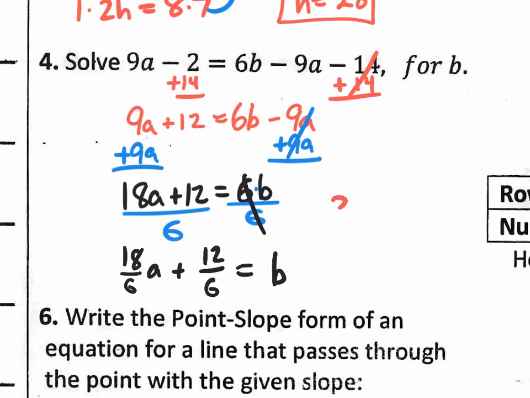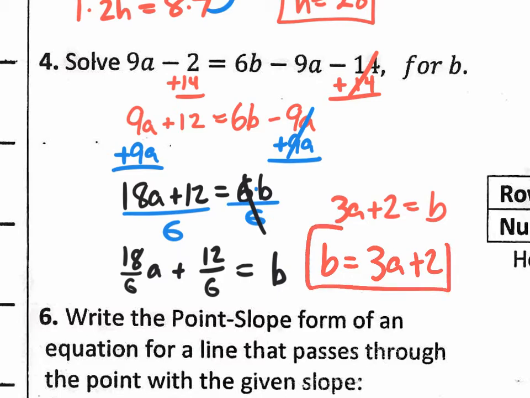So we're going to have 3a, 12 divided by 6 is 2, plus 2 equals b. So b equals 3a plus 2, and that is the answer, ladies and gentlemen. b equals 3a plus 2. That's your answer when they ask you to solve for b.